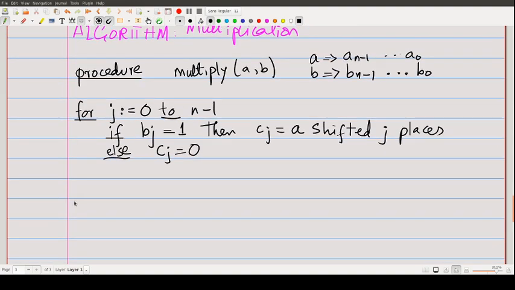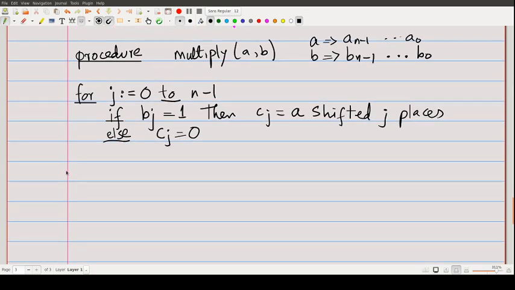And then finally, we set p to be equal to 0, that's your final product. And so for j from 0 to n minus 1, now we are done with the individual multiplications. So all we need to do is add.